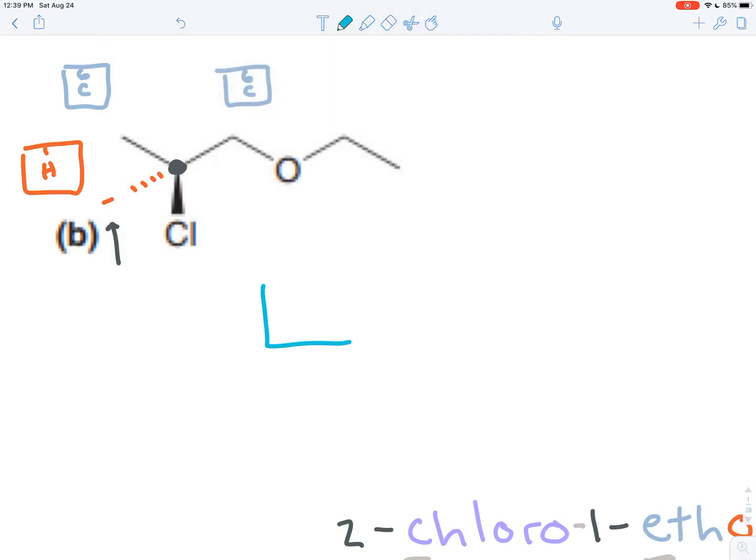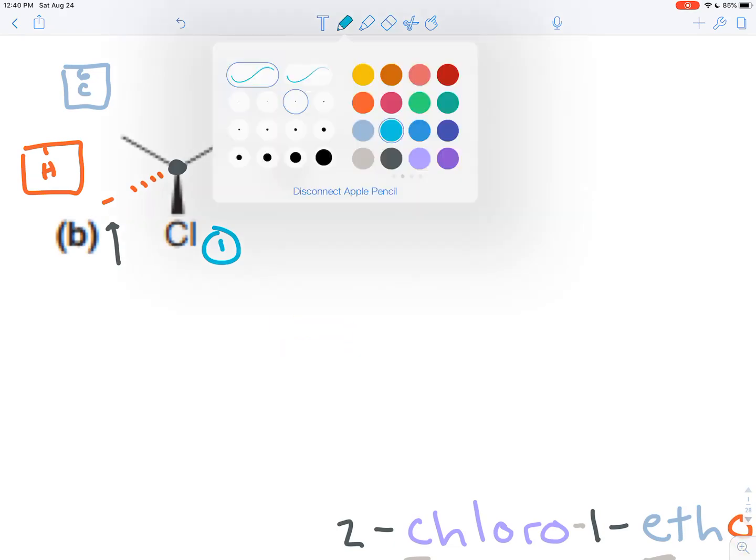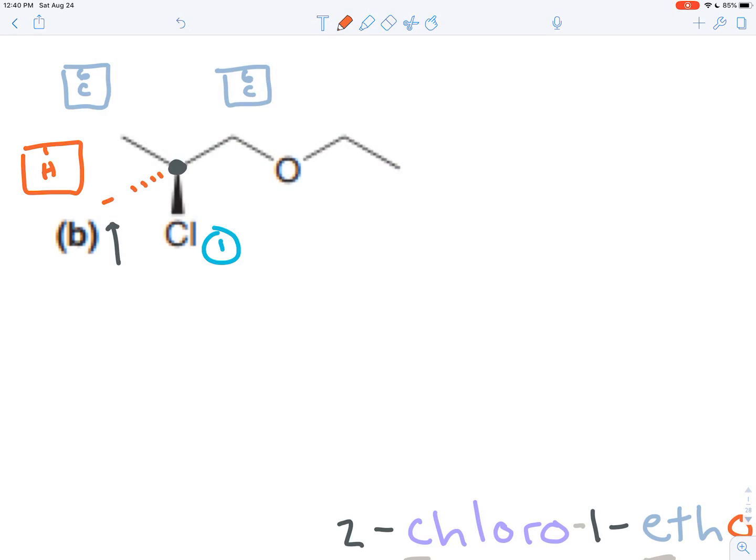If you looked at the top of the box of the chlorine, you'd see that this number would be bigger than 6. So it has the highest priority. It would get the number 1. The hydrogen has the lowest number, so it's going to get the number 4, because that 1 is lower than the 6's.